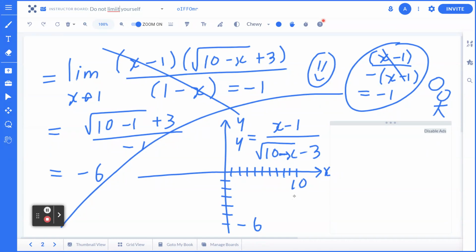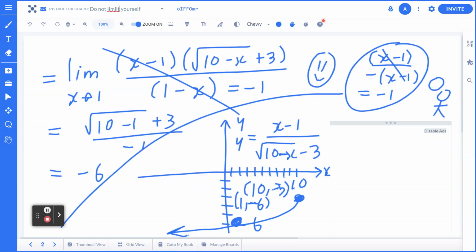And negative 3 right there. I'm going to label this point for you so that you have a reference: (10, negative 3). And you would discover this other point, which is exactly at (1, negative 6). And you can connect the graph, roughly speaking, something like that.